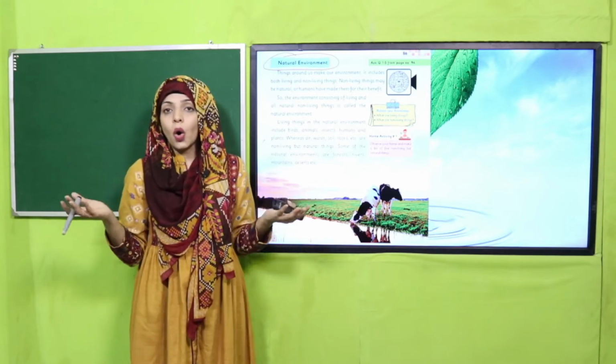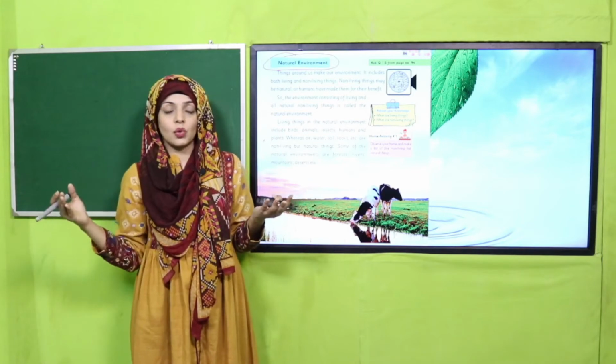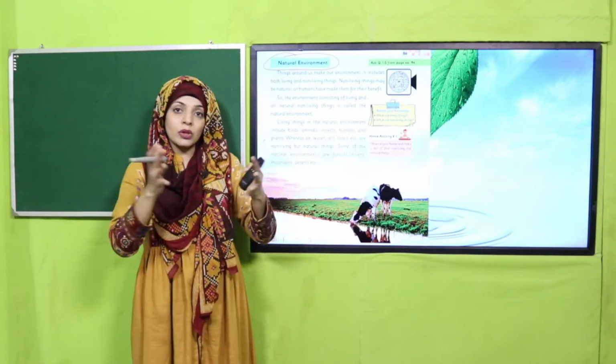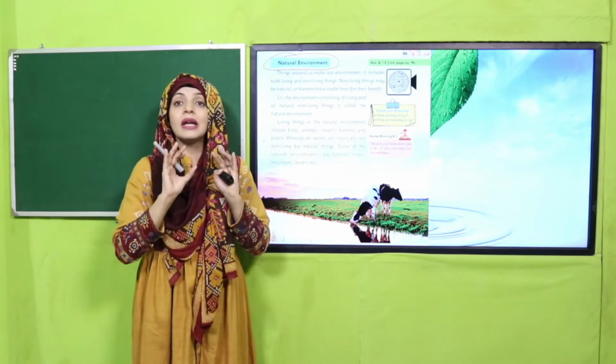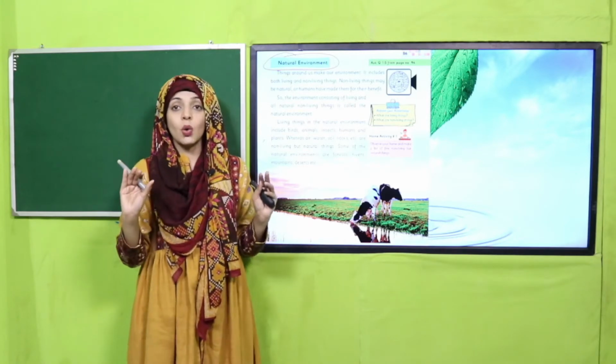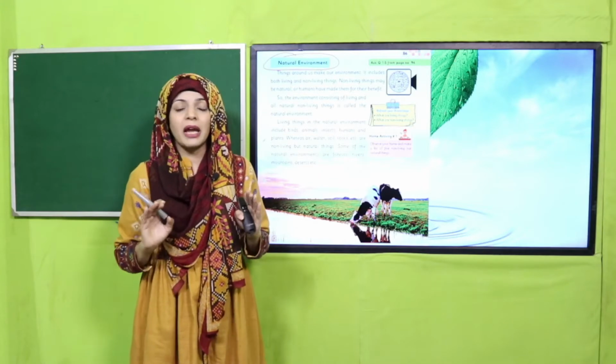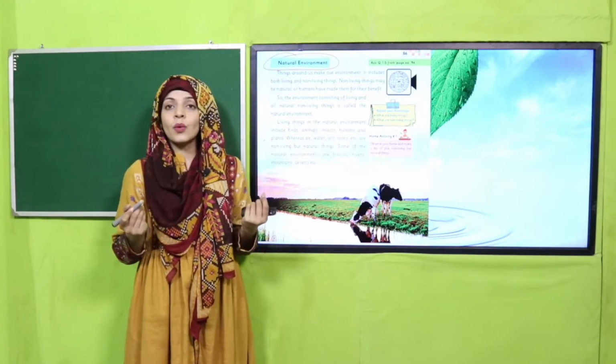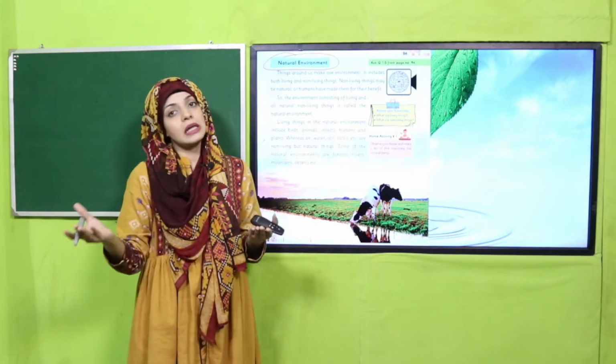These are all non-living natural resources. Okay, तो इन दोनों को मिला के living and non-living thing both combine and make up your natural environment. Okay, which is totally not made by man, which is natural. Anything which is not man-made, that is natural.